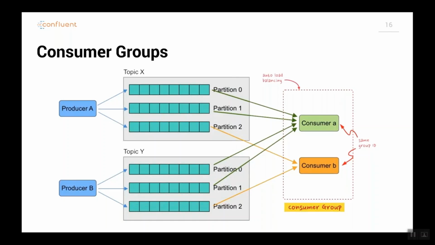The way that we distribute work within a consumer group is at the partition level. To form a consumer group, it's as simple as specifying a common group ID configuration property. It's a single configuration property in your consumers that you can use to identify which consumers should be part of the same group.